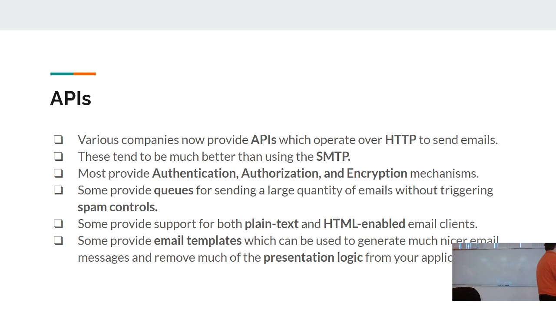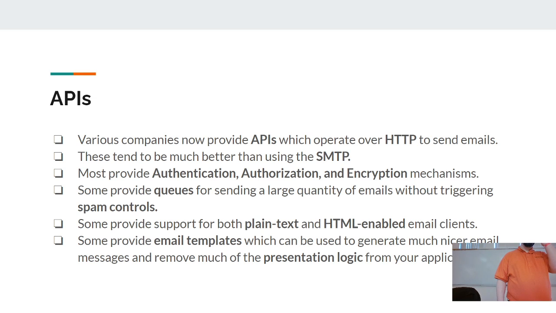So they also provide you support for both plain text and HTML enabled clients. That's kind of important, and that's not necessarily an easy thing to implement directly with at least most SMTP implementations, because sometimes there are still users receiving emails in just plain text.